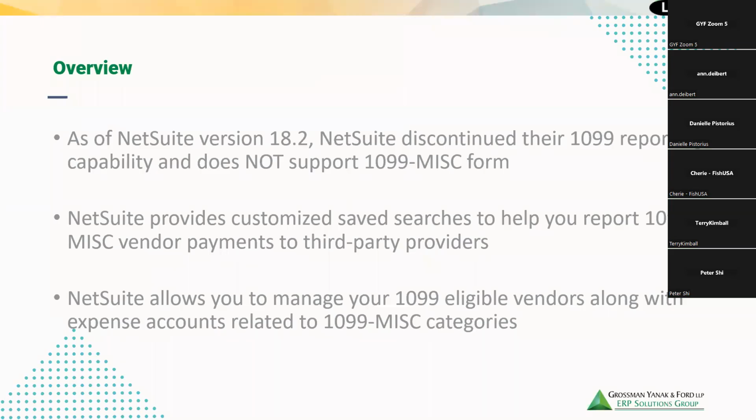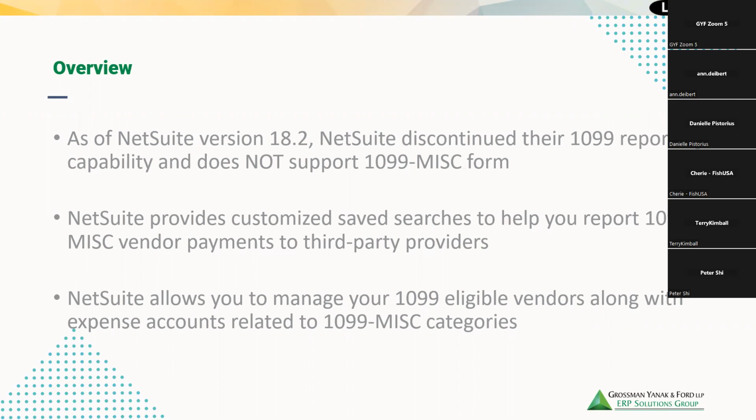So just an overview. As of NetSuite's version 18.2, NetSuite discontinued their 1099 reporting capability, and they do not support 1099 MISC form reporting directly out of NetSuite. However, what they do provide is customized safe searches to help you report your 1099 MISC and the NEC forms for the vendor payments to third-party providers.